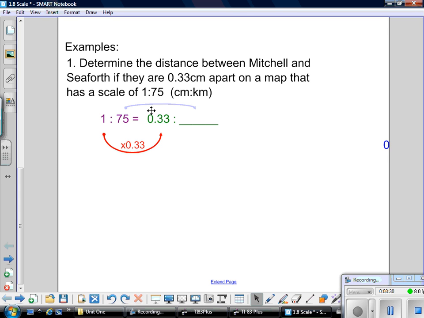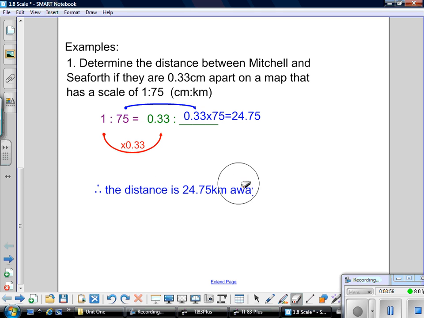The same thing should be true in real life: if I take the 75 kilometers and multiply it by the 0.33, which I've done here, we end up with 24.75. So the distance between Mitchell and Seaforth in real life is 24.75 kilometers away. We set it up very similar to what we've been working with already.